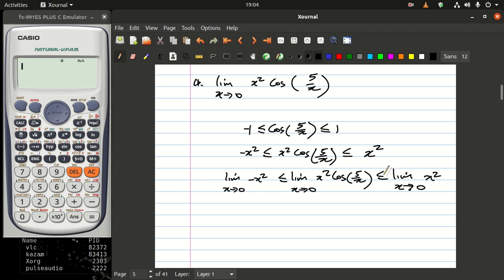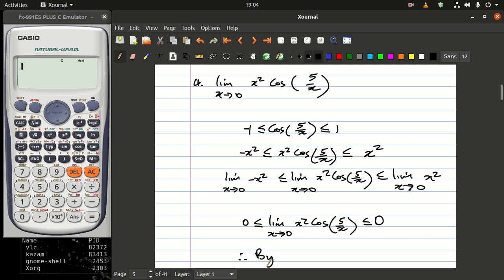It's more systematic now. We're trying to be a little bit cleaner. And now if I am plugging in here, I will end up getting 0 is less than or equal to the limit as x approaches 0 of x squared cosine of 5 over x, and this one is less than or equal to, if I'm plugging in a 0 here, 0. So this number is between 0 and 0.